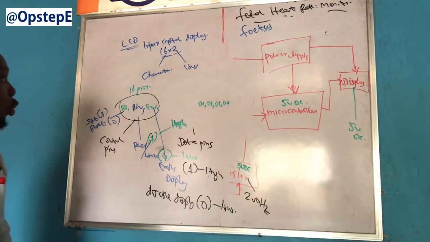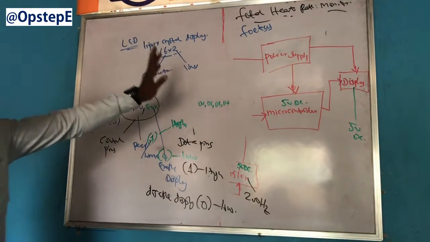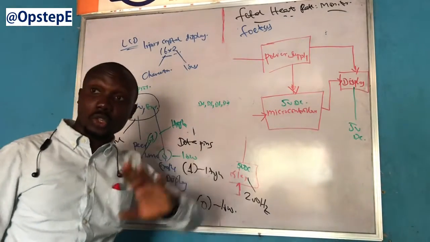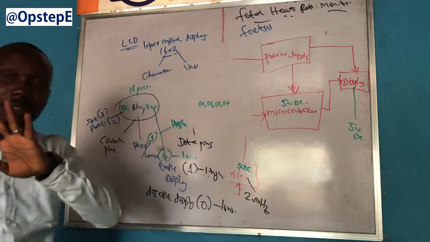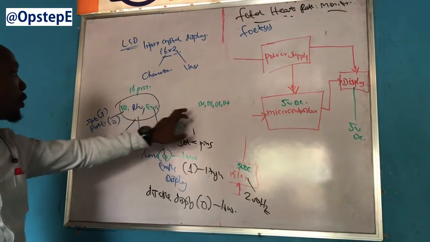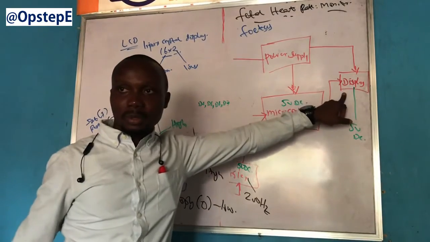Does it make sense? So you understand right now that apart from your power supply, feeding some pin on your microcontroller, we will not discuss that yet, we'll get to that, 7 pins from the microcontroller, 1, 2, 3, 4, 5, 6, 7, will go to your LCD display.